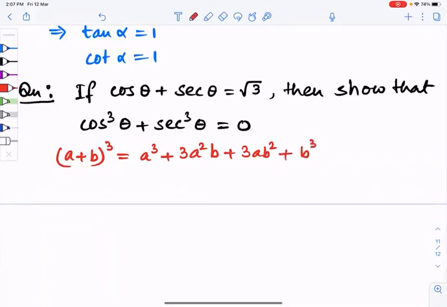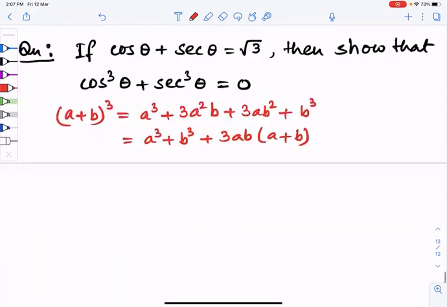Now if it is known, you can write it as a cube plus b cube plus, from the remaining term 3ab is common and a plus b will be. Okay, so if I use this one here, I will get cos theta plus sec theta.